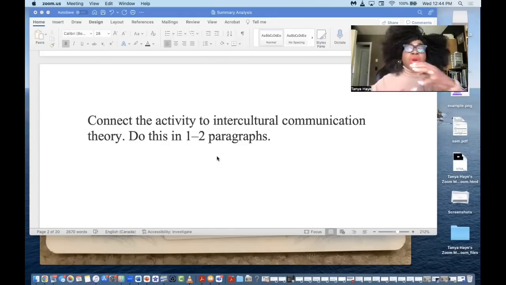And while you're doing all of this in the introduction, you're going to make sure to connect the activity to intercultural communication theory. So the introduction must have outside sources.